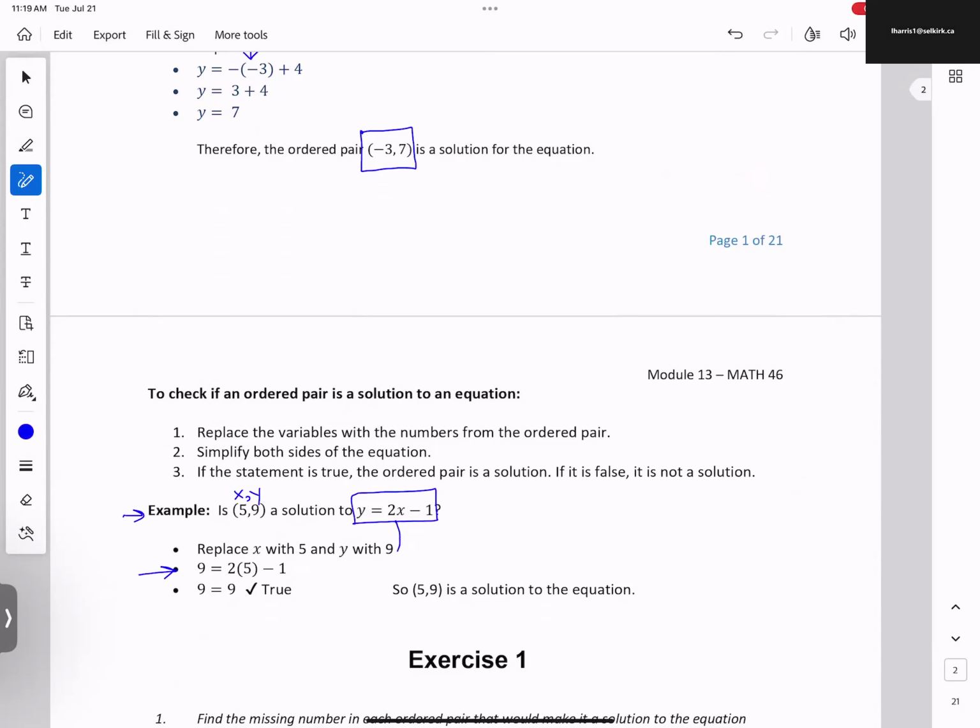So this is the same equation. We just now are putting a 9 in for y and a 5 in for x. And then we end up with 9 equals 2 times 5 minus 1, which simplifies to 9 equals 9. That's a true statement. So yes, 5 and 9, that ordered pair, is a solution to this equation.